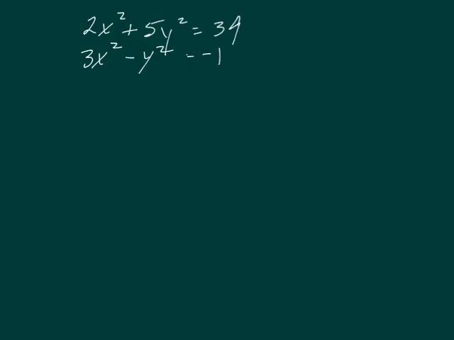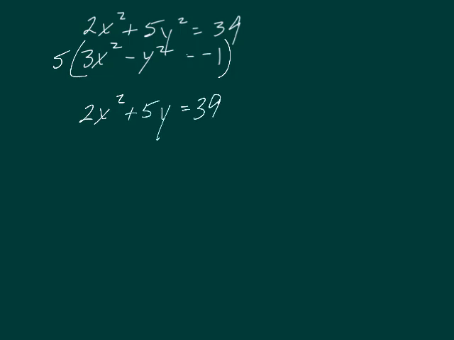My x's are both squared and my y's are both squared, so I can get rid of my x's or my y's. Let's go ahead and get rid of our y's, because all I have to do then is multiply this times a 5, and I'm going to write my top number there just so it's right there where it needs to be.